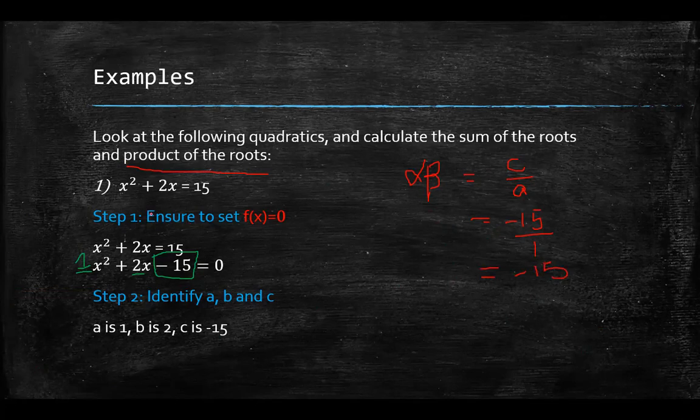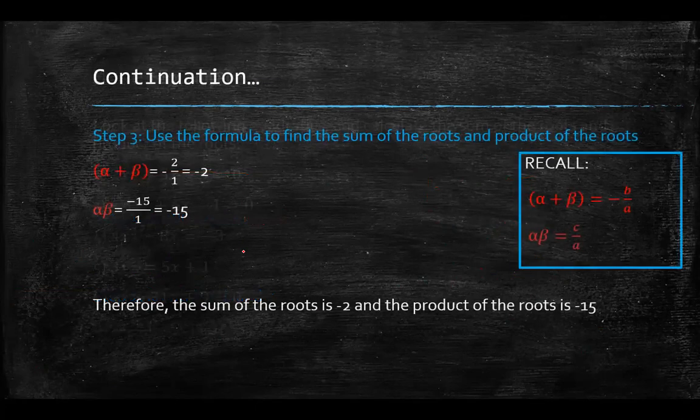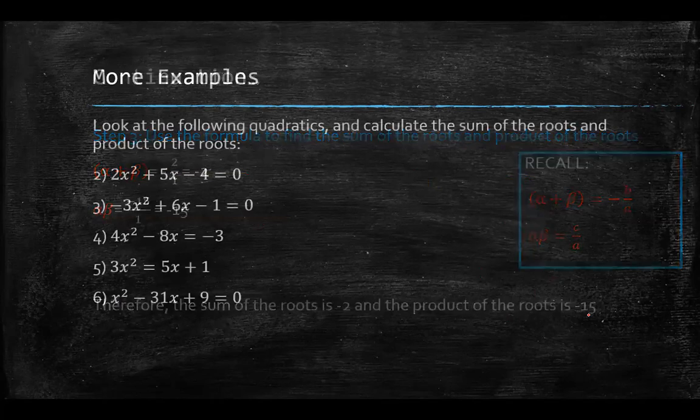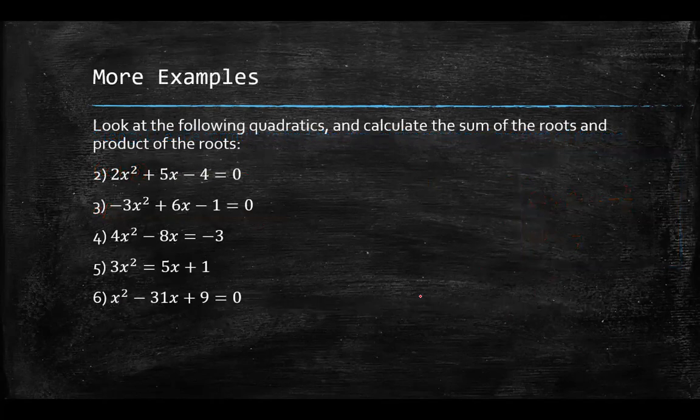Everybody understand that? Yes, miss. You see it here, the sum of the roots is minus 2, the product of the roots, minus 15. And that's it, you're done. You'd probably get a good 3 marks there. Right? So now we're going to try these.